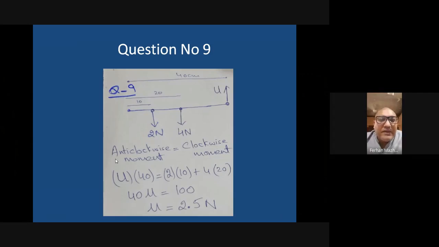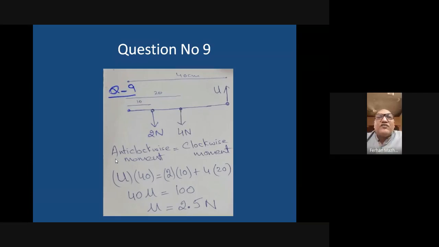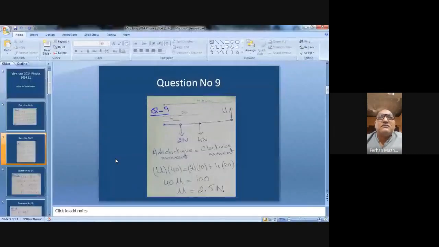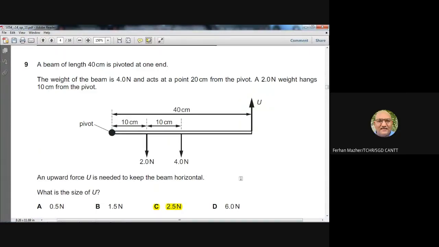So U multiplied by 40 equals 2 multiplied by 10 plus 4 multiplied by 20. The sum of the clockwise moments and the sum of the anti-clockwise moments are equal to each other. So 40U equals 100. So U equals 2.5 Newton. I hope that you have understood this numerical. So you can see C is the choice.